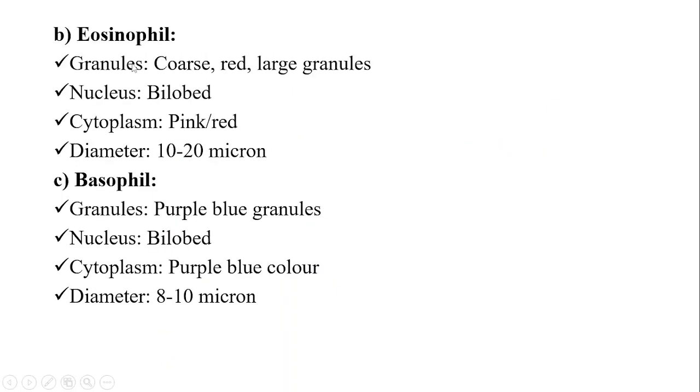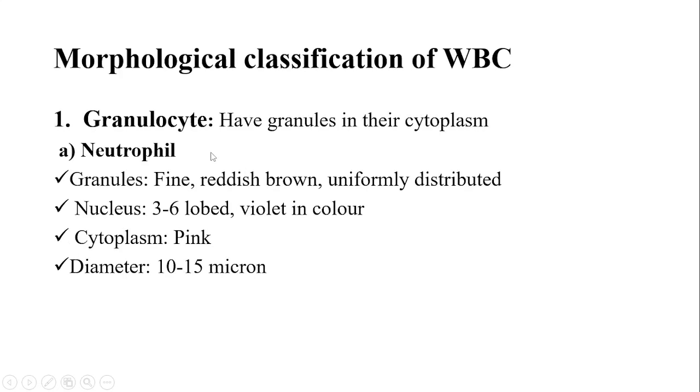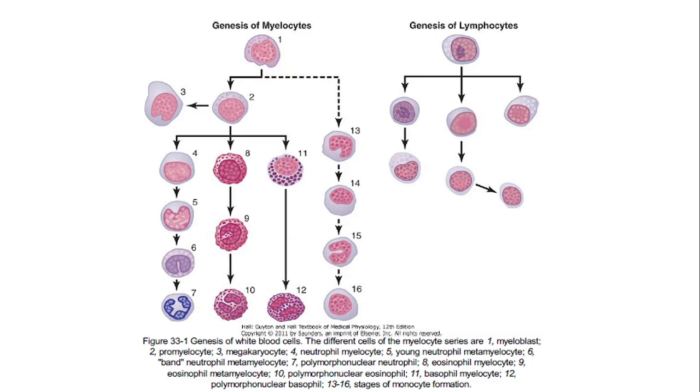Now the eosinophil: its granules are coarse, reddish, and large. Nucleus is bi-looped. Cytoplasm is pink or red in color, and diameter is 10 to 20 micron. Now we'll again compare this description with the diagram of the eosinophil. This is eosinophil. In the neutrophil, we couldn't see the granules because the neutrophil's granules are fine, uniformly distributed, and very small, so they cannot be shown in the picture.